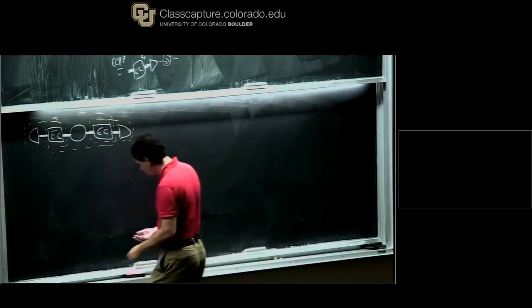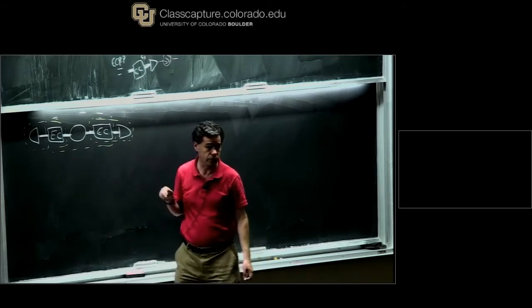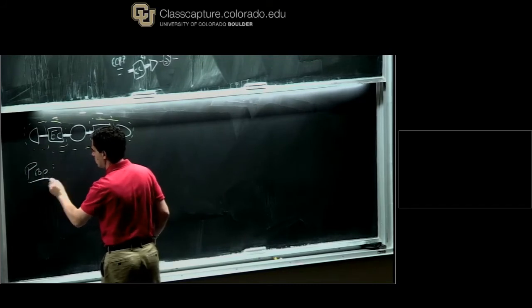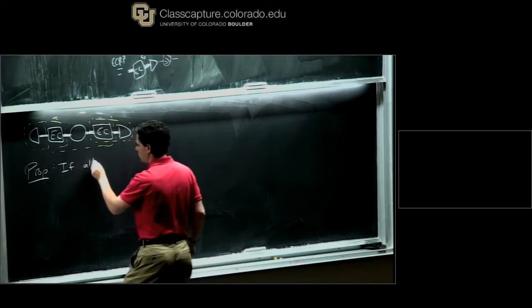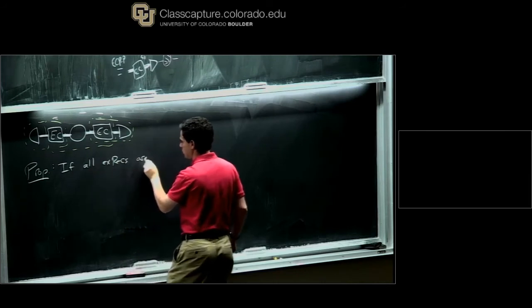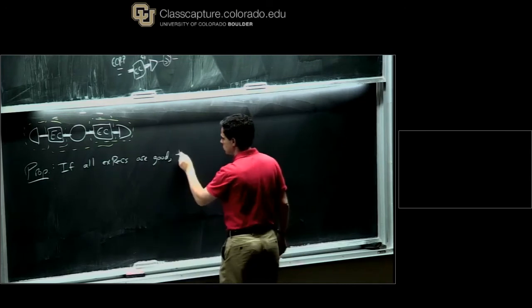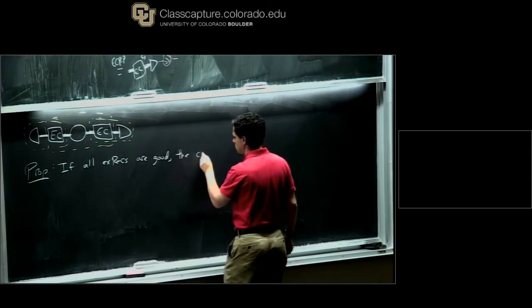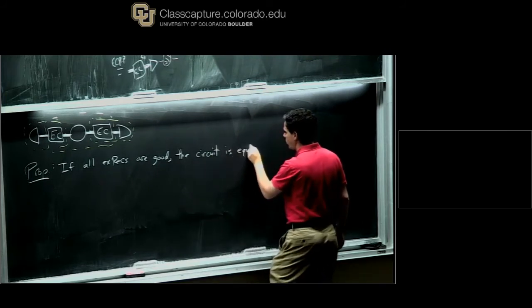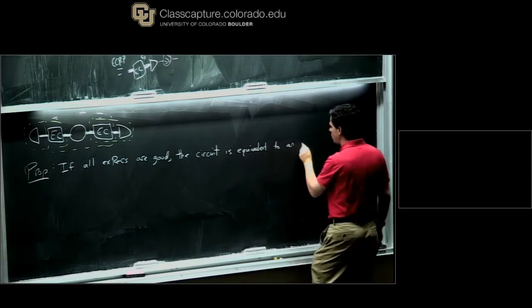Okay, and I claim that if all of these XRECs in a circuit are good, the circuit is then equivalent to an ideal unencoded circuit.